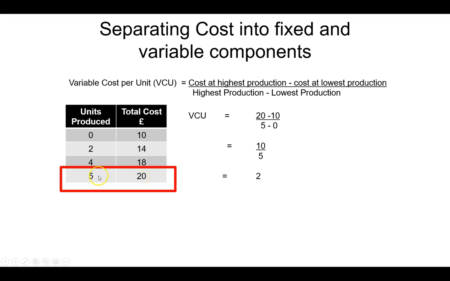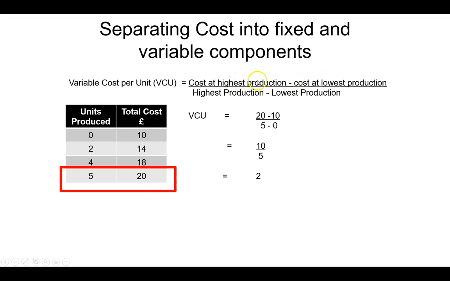Our lowest production is 0 and the cost is £10, and 5 is our highest production and the cost is £20. So we put these two in our formula here.